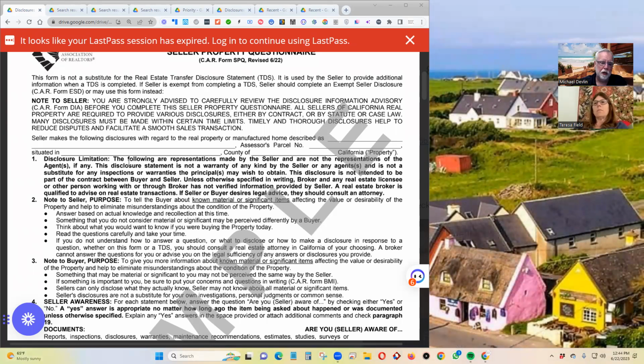But when the lawyers are talking to clients that want to sue agents, one of the big comments they hear is, after we were in contract, we never heard from our agent again. The only person we ever talked to was the transaction coordinator. We never heard from the agent again. So even if you should have a transaction coordinator.